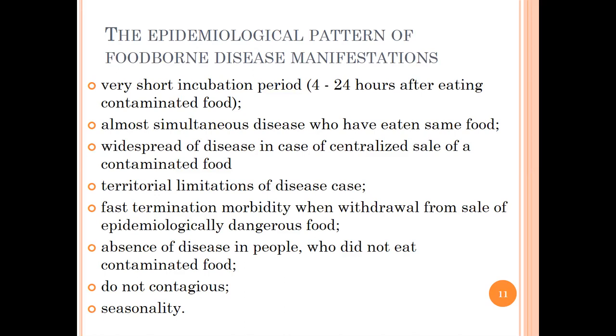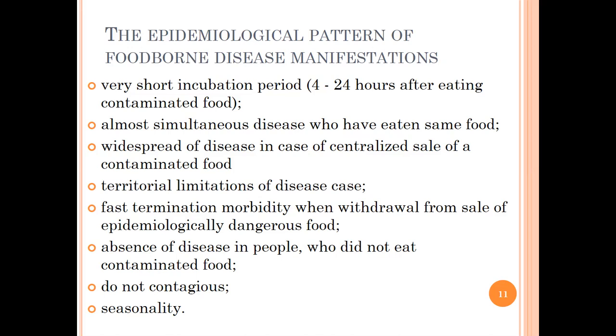So a lot of affected persons can be united with the same supermarket or the same cafe. And it's called territorial limitation. All of them are in a limited area.